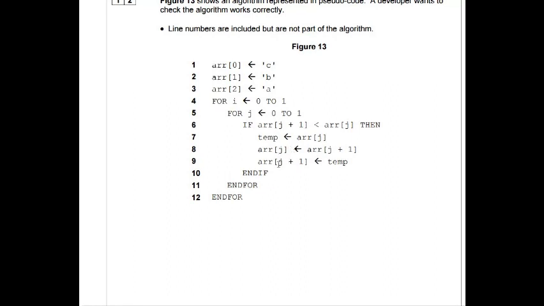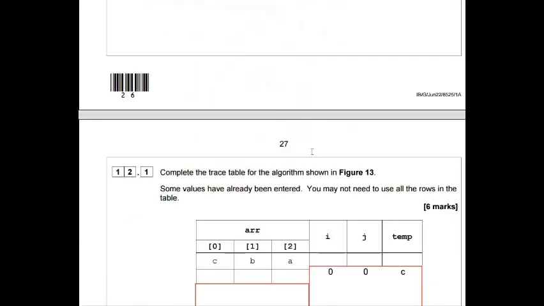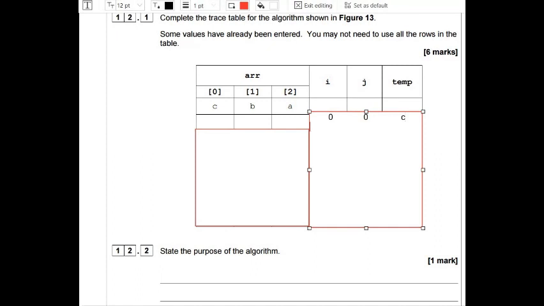So the J is going to end up, basically you're saying J equals J plus 1, which means in a temp, that's going to be a C. Okay, so in there we will have nothing in I, 1 in J, and in the temp we're going to have a C. Which means what we're going to have in here now is we're going to have B and then a C. So we have ordered those.